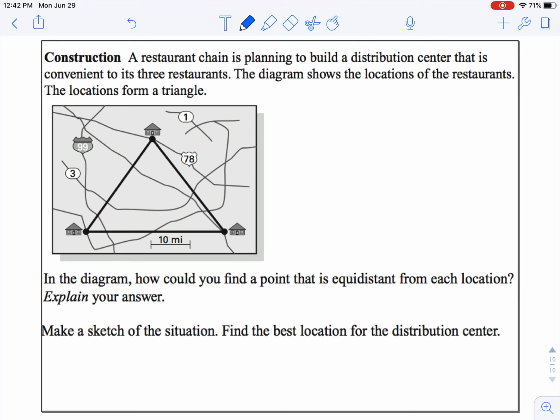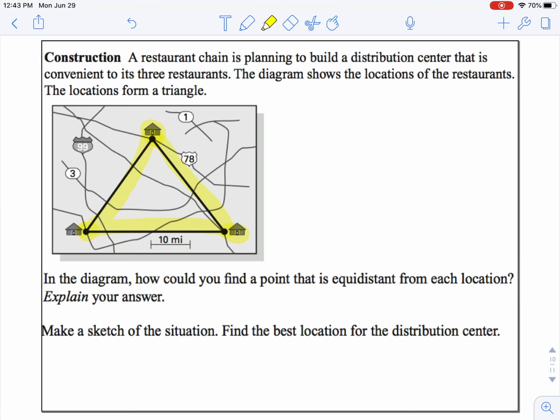Well, there are a lot of applications in business and in city planning. For example, it says in construction, a restaurant chain is planning to build a distribution center that is convenient to its three restaurants. The diagram shows the location of the restaurants, and if you take the location of each of these restaurants and draw lines between them, you get a triangle.